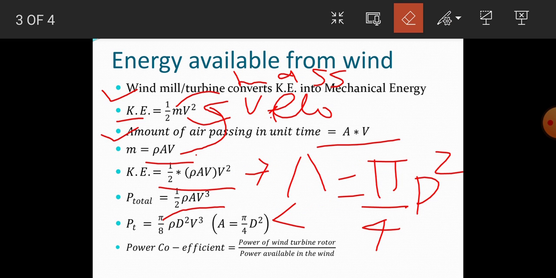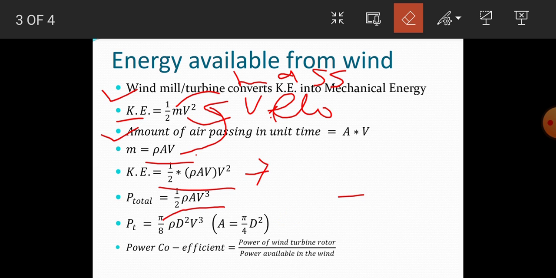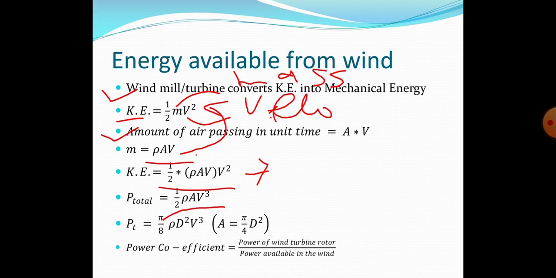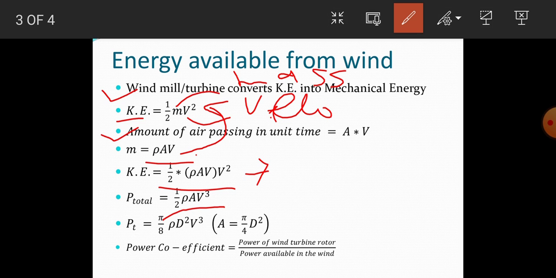Therefore the total power P_T, after substituting the value of area, that is pi by 4 d square, will be equal to pi by 8 rho d square v cube.